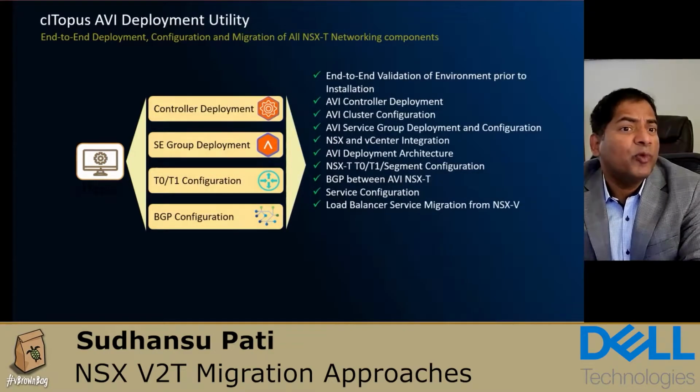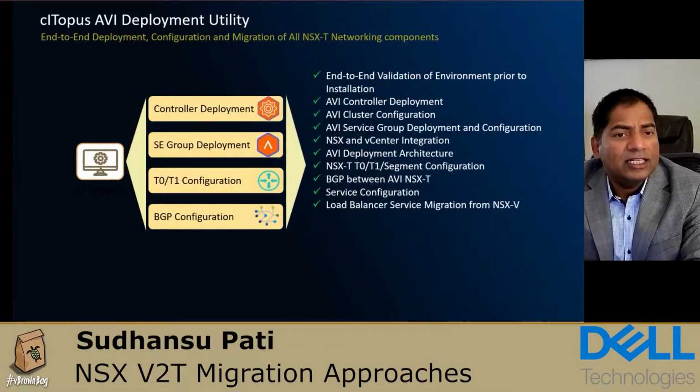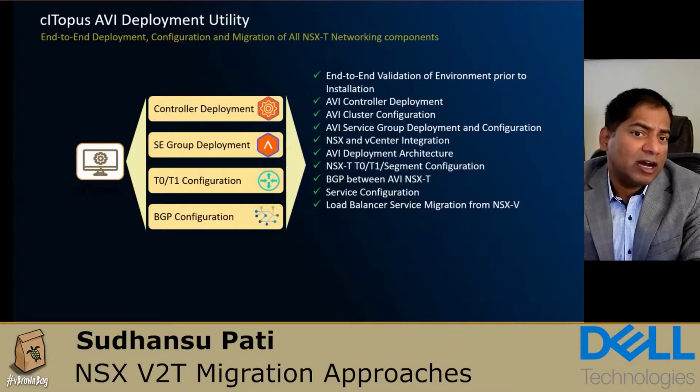Similarly, this is a very important thing. AVI is the go-forward load balancing solution from VMware. Both NSX-V and NSX-T load balancers will eventually be phased out or decommissioned and replaced by AVI. Customers who have NSX-V today have some flavor of an AVI license available to them.